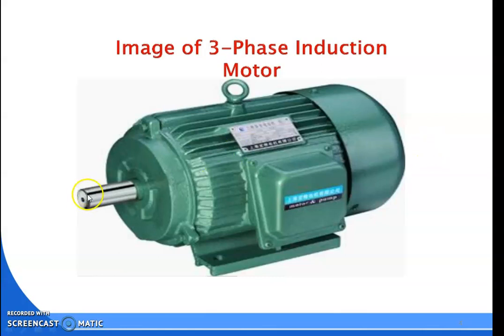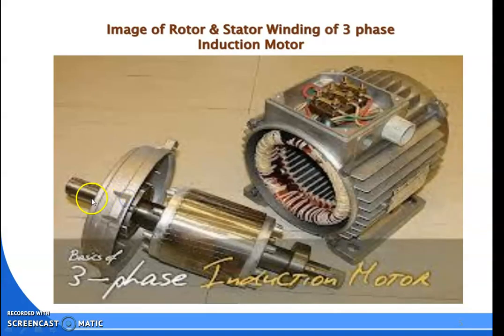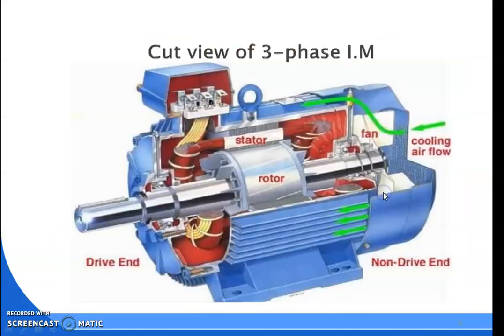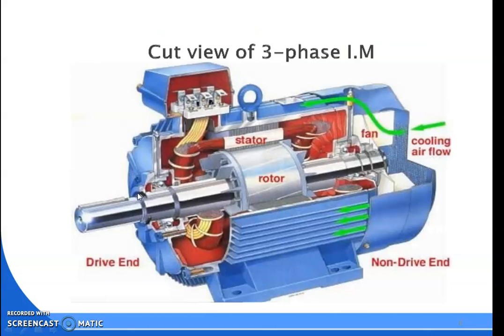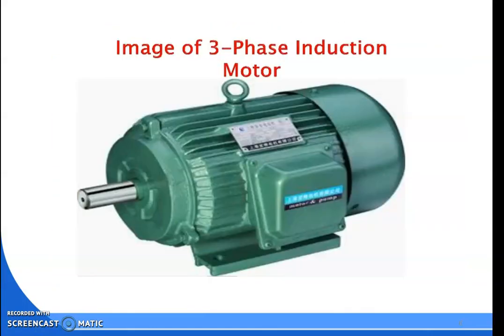You can see this is the shaft, this is the knob which helps us to carry the machine, and this is the non-drive part which is fixed to the base foundation using nuts and bolts.